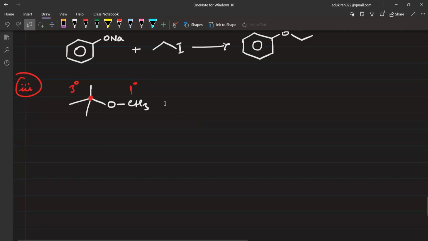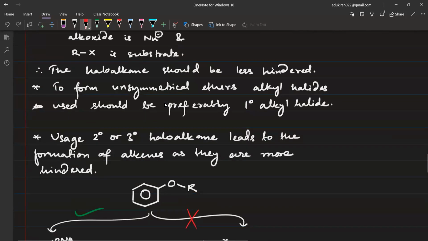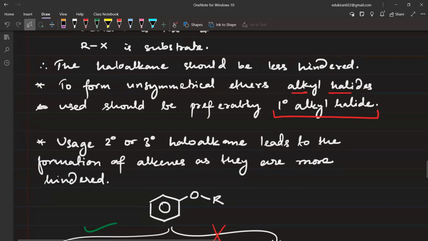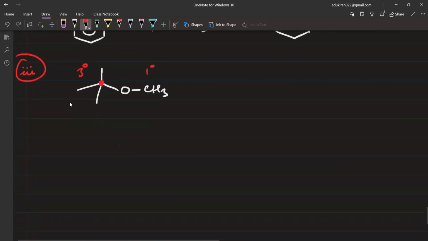And we have already said that the haloalkane should be less crowded. To form unsymmetrical ether, alkyl halide used should be preferably 1 degree alkyl halide. So whatever is 1 degree alkyl group, that will be the RX. So for this particular product, I need ONa, and the CH3 will be coming from the halogen atom.